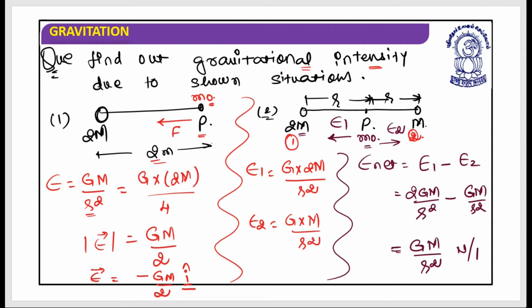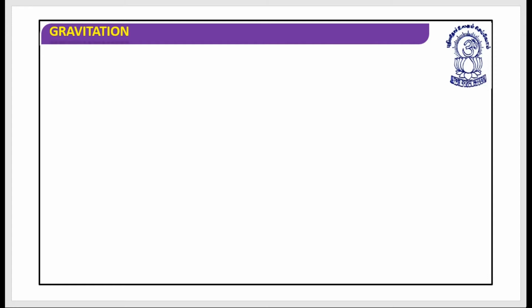Its unit is newton per kg. This is the magnitude. As for direction, since E1 is dominating, E net will be in the negative x direction. I hope this is clear. Do you understand how to calculate this? Great. Now let's continue.